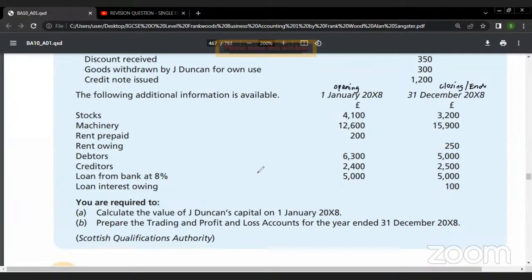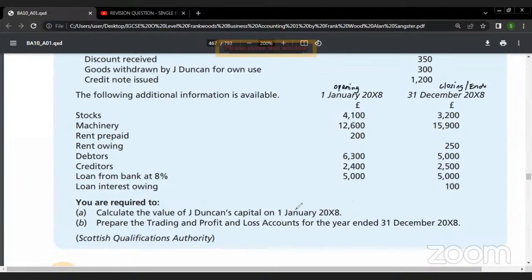Then B, prepare the trading and profit and loss accounts for the year ended 31st December 2008 for Duncan. And then the other part is all about coming up with a statement of financial position as at 31st December 2008. Now, we don't have capital as at the start of the year for Duncan, but we know very well that we can arrive at this capital by preparing what we call a statement of affairs.